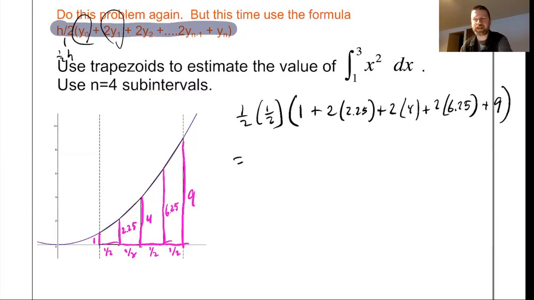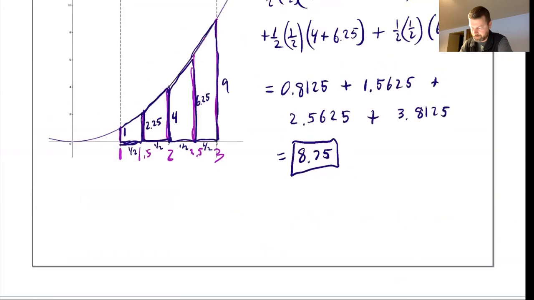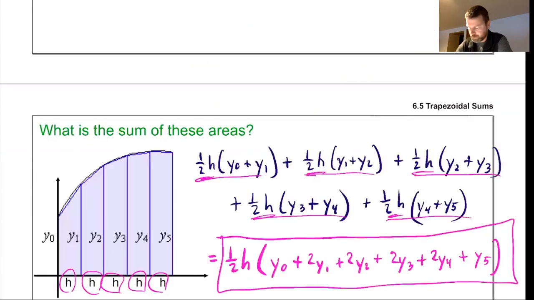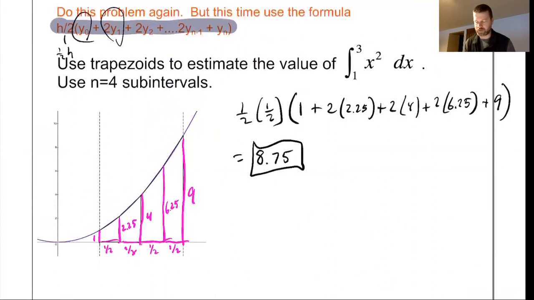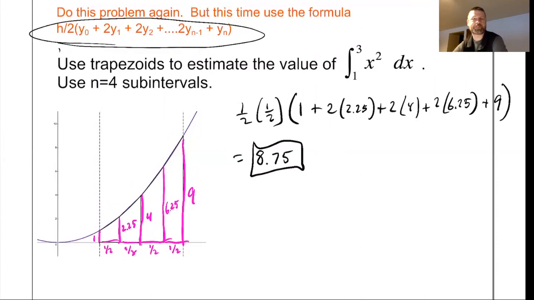And then I could just put that entire thing into my calculator. If I did that, I guarantee it should be the same number we had before, 8.75. So just a different way to calculate the trapezoids by using that trapezoid sum right there.